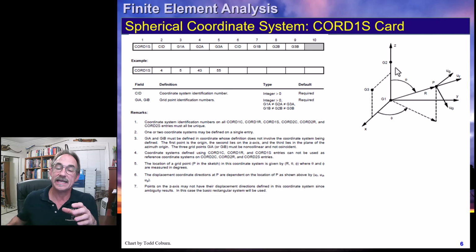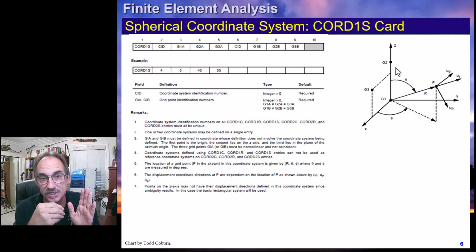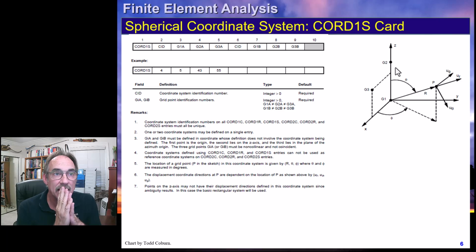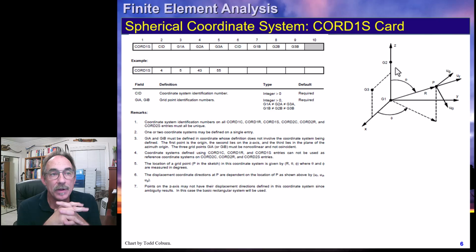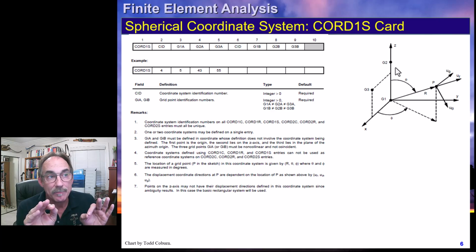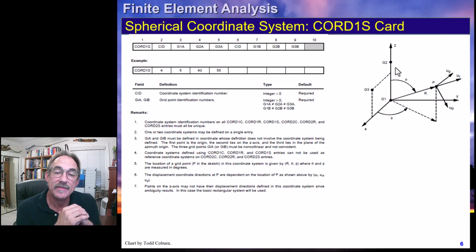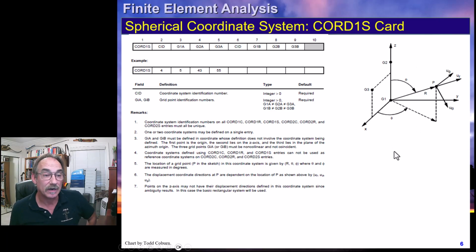Your G3, once again, can be dropped anywhere in the xz plane, and the projection of that onto the x-axis will define that x-axis. But once again, I recommend you drop that third node directly on the x-axis so it's crystal clear, and then you're going to have an r, a theta, and a phi, where theta is the angle your vector makes with the z-axis, and phi is the angle made with the x-axis, just like when you're dealing with direction cosines.